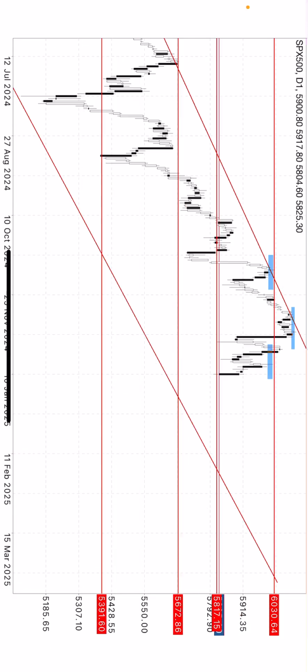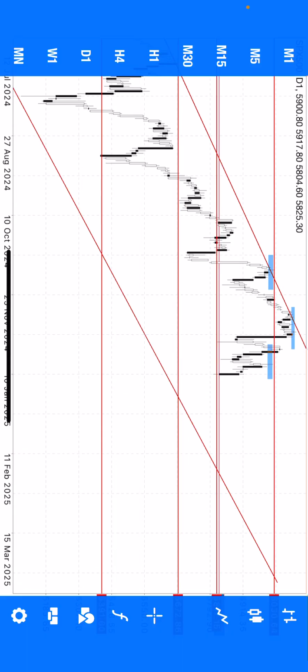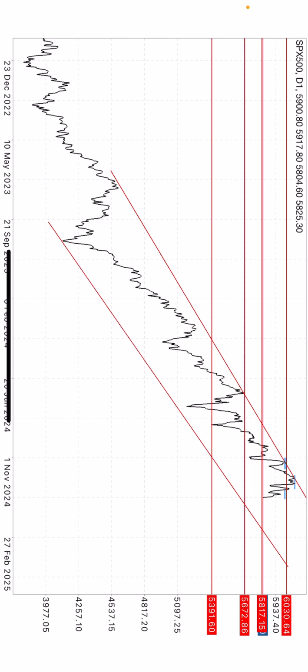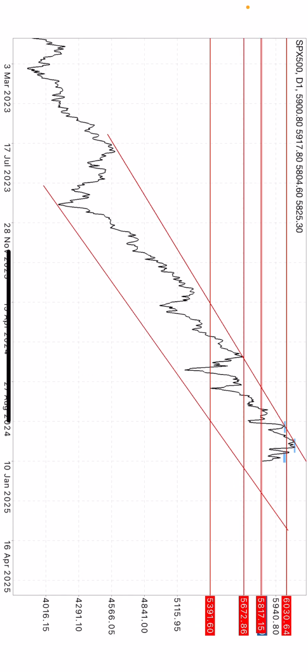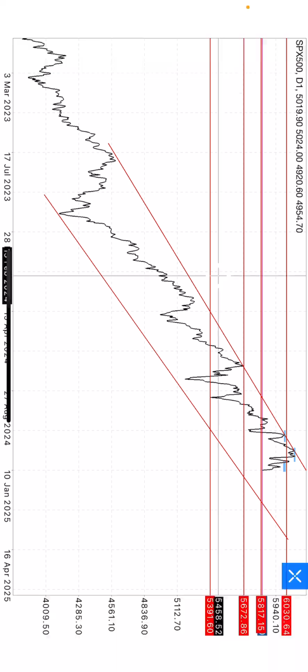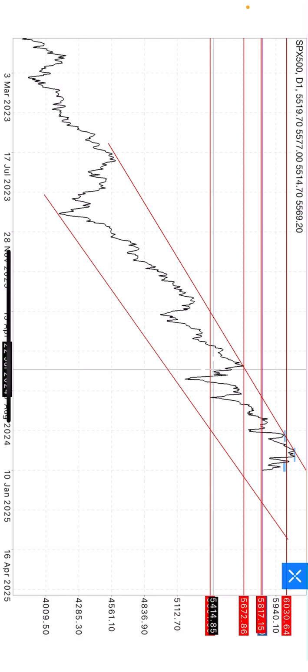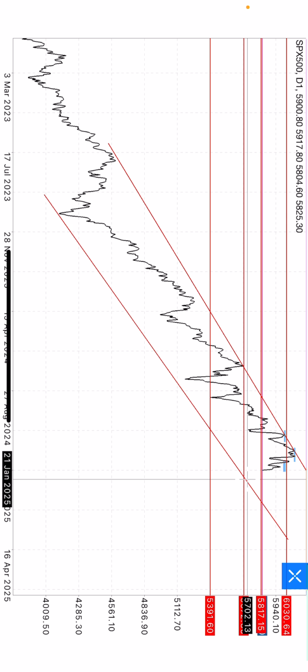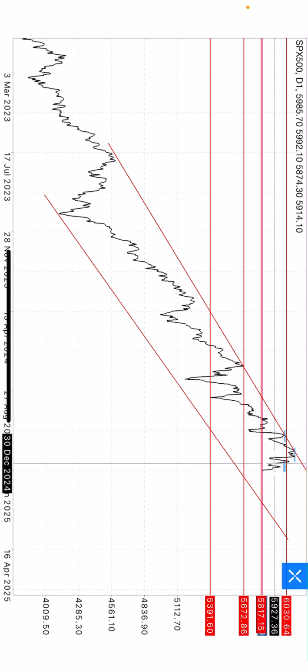To make this pattern very visible, I'll switch to our line chart. When you focus on the line chart, the overall trend from here up to this point is an overall uptrend, but we might experience an intermediate downtrend.